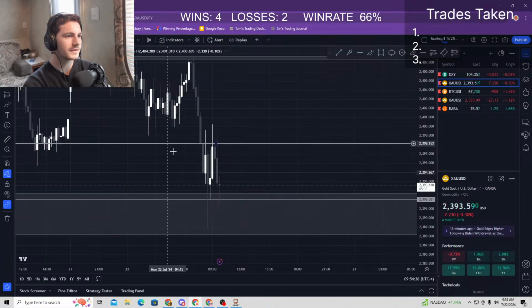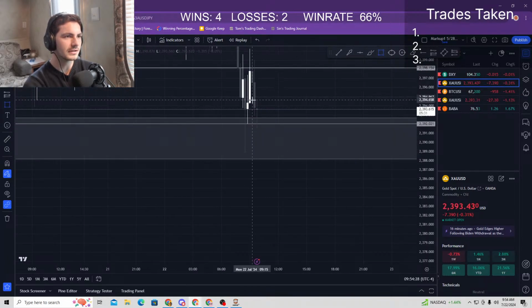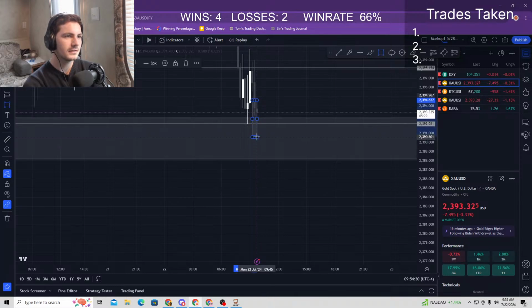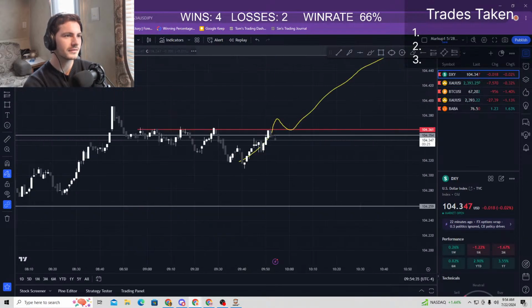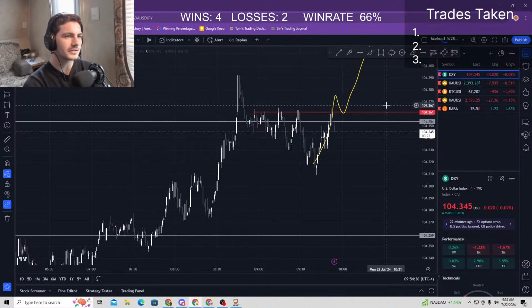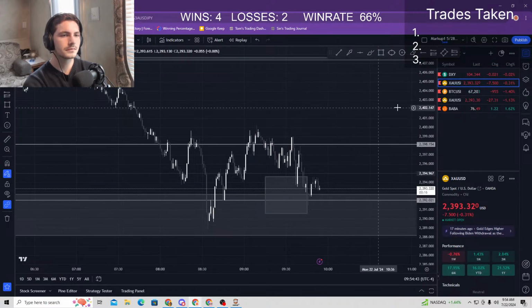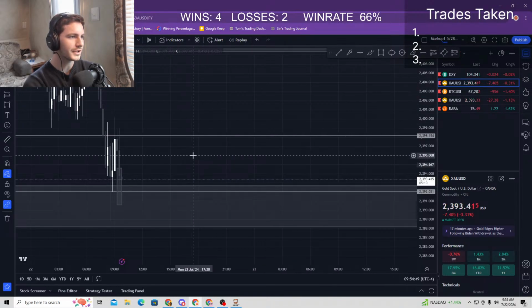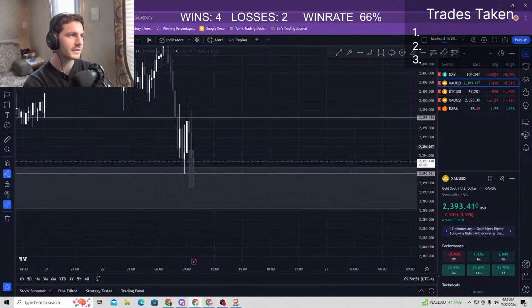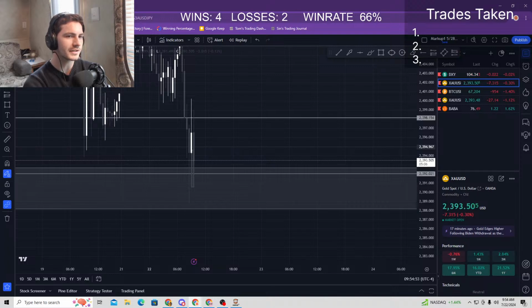Alright, if we get this 15-minute to close bearish pretty solid underneath, and we get a DXY breakout, which is starting to reverse again. Anyways, I could see this being a solid break and retest. 15-minute, 30-minute type 2.